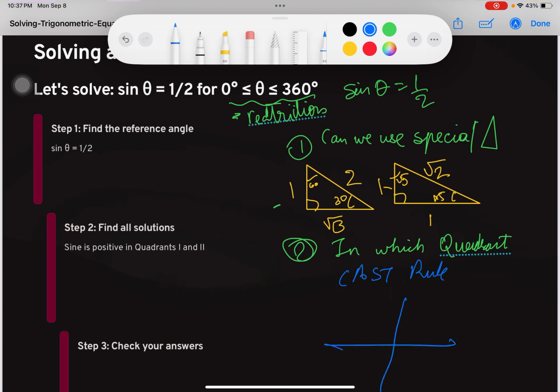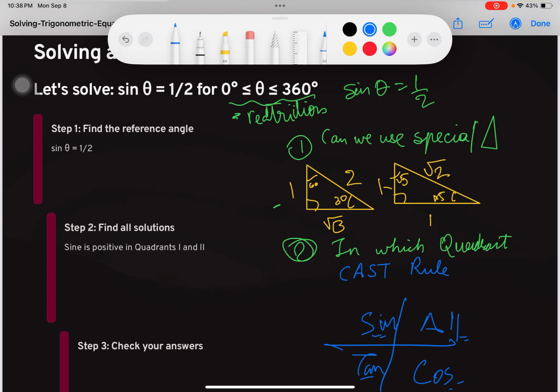If you remember from grade 12, this is our CAST rule, or if you have seen our previous video, this is applied. So all, sine, tan, cosine. Tan is positive here, cosine is positive here. All values are positive in quadrant 1, and only sine is positive up here.